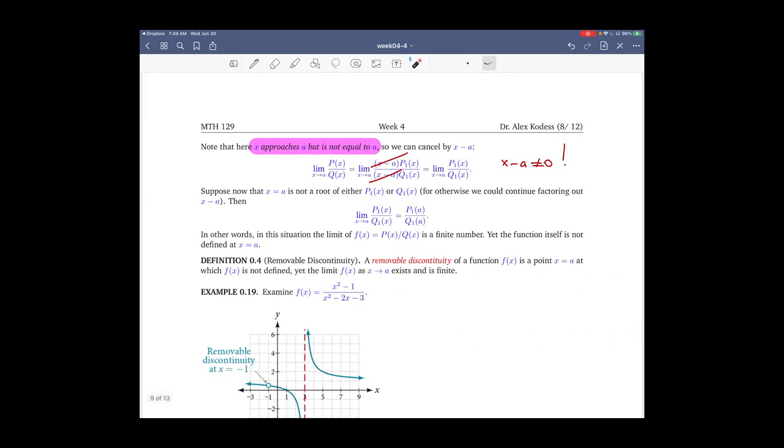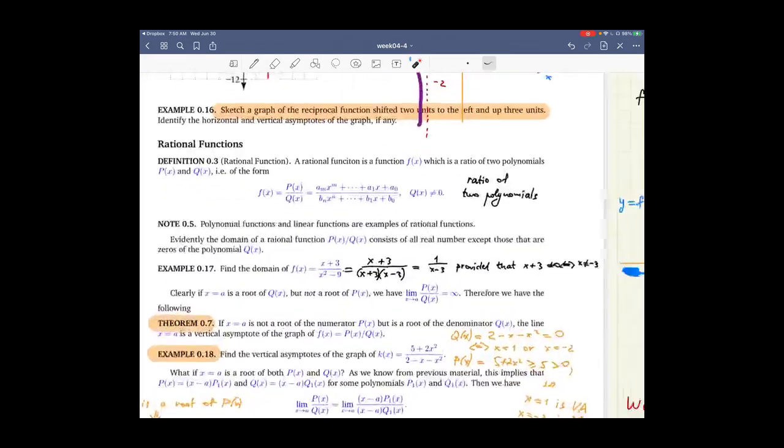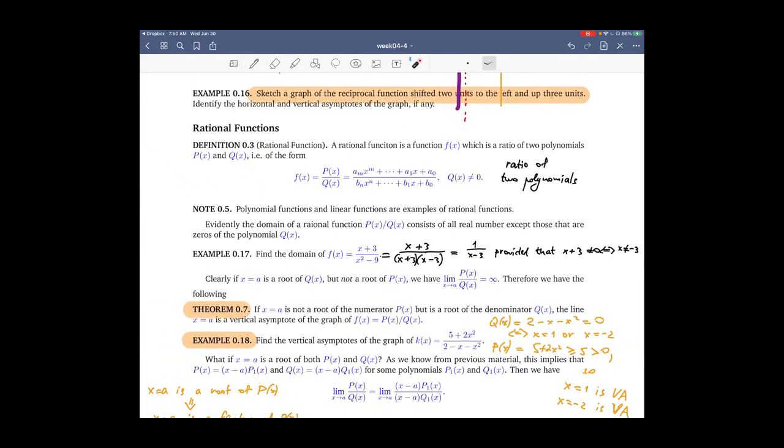This situation is very special because this number A has two special properties. First, the function is not defined at A because A is a root of the denominator. You can't divide by 0.